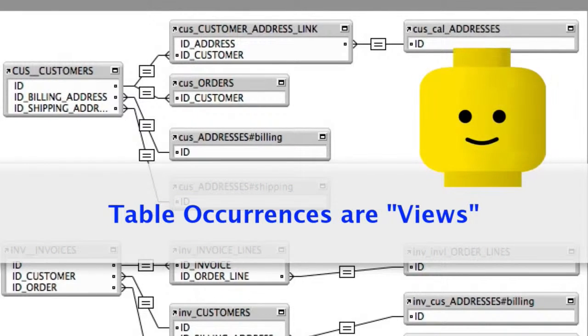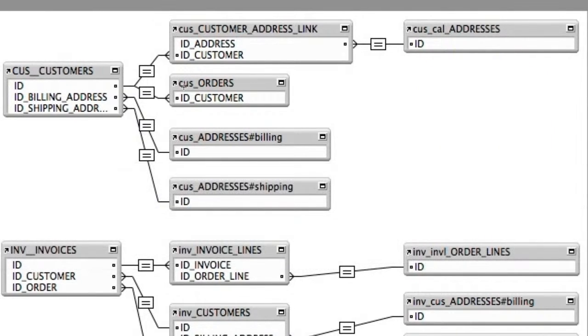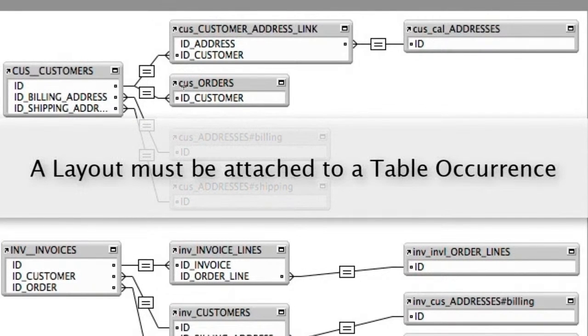They're perspectives. In fact, in other SQL databases, table occurrences are analogous to what they call views in those other systems. Keep in mind, a layout has to be attached to a table occurrence, which means that layout has the view of a specific table occurrence.